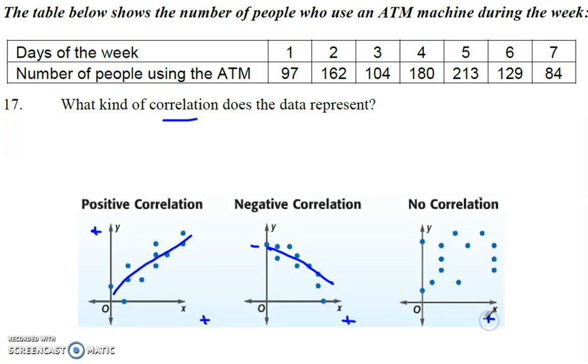If as x increases, we can't tell whether y is going up or down, then there's no correlation. So here, it's going up, it's going down, it's going up, up, back down, down again. So overall, as x increases, x is the top value, we can't tell what y does. It goes up and down, so there's no correlation. No correlation there.